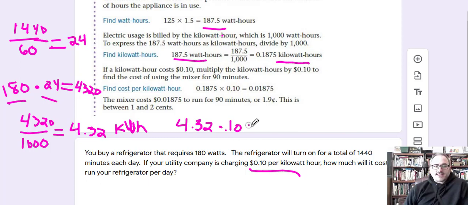Alexa, what's 4.32 times 0.1? 4.32 times 0.1 is 0.432. So that's our answer. Per day, how much does it cost per 24-hour period? It's going to cost us about 43 cents, approximately.